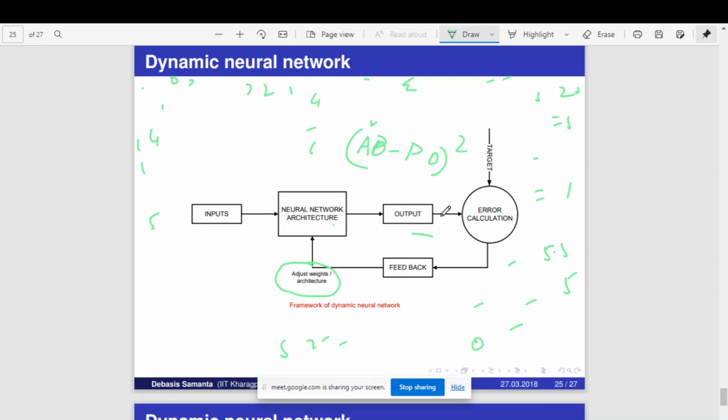Keep on doing this process. How long you should do this will be decided by the programmer. One option is to continue until the error becomes 0, but for some problems the error will not become 0 at all. You may repeat this process 1000 times or 10,000 times, or for a whole day, but the error may not become 0.